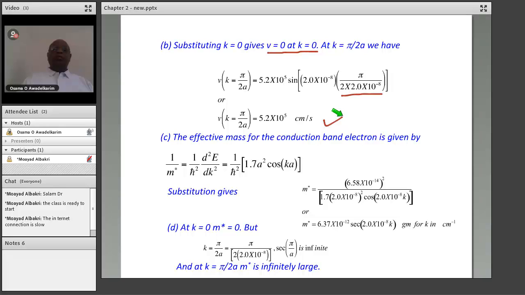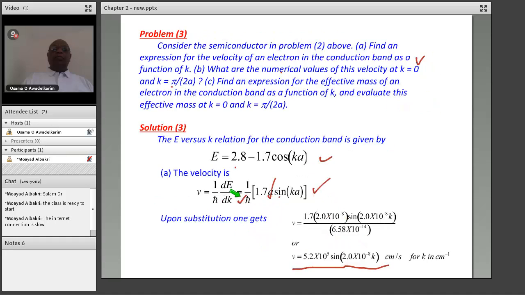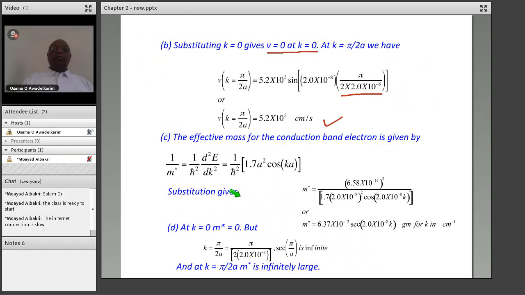Then the next question is find the effective mass of the conduction band electron. So again, we go back and apply this equation here for the effective mass for that band. So what we do is we take the second derivative, 1 over m star, 1 over h bar squared, d squared E by dk squared, and that brings us back to cosine ka.